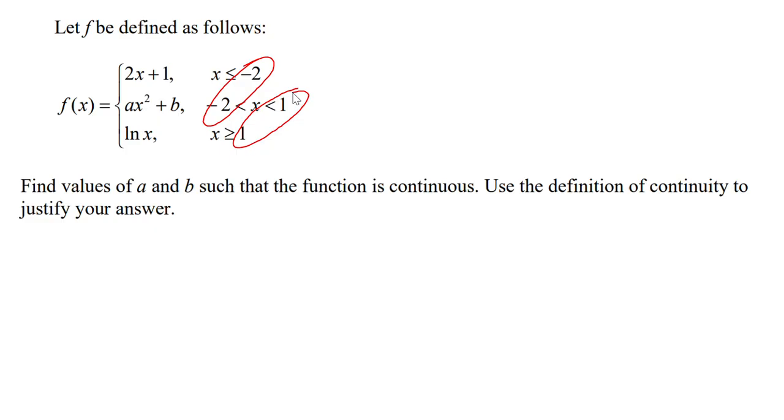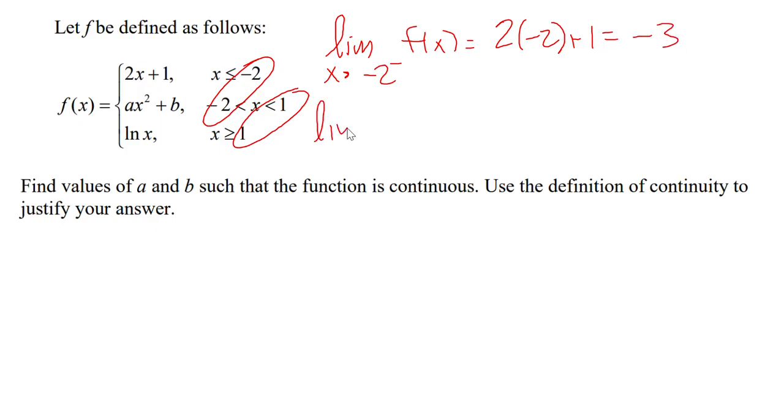So we'll do the limit as x approaches -2 from the left of f of x. Well, that is just 2 times -2 plus 1, which is -3. And then the limit as x approaches -2 from the right of f of x, when I plug in -2 to ax squared plus b, I get 4a plus b.